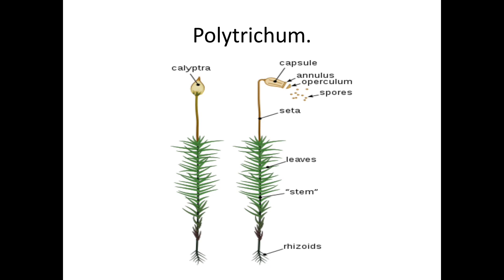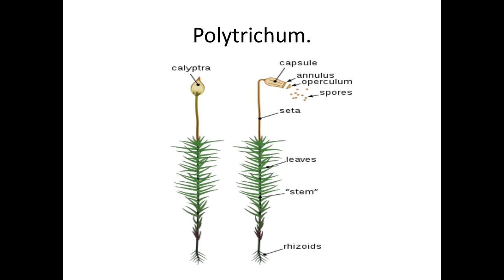In case of Polytrichum, the sporophyte is distinguished into foot, long elongated seta and capsule. Peristomal teeth are present in the sporophyte for dehiscence and dispersal of spores.